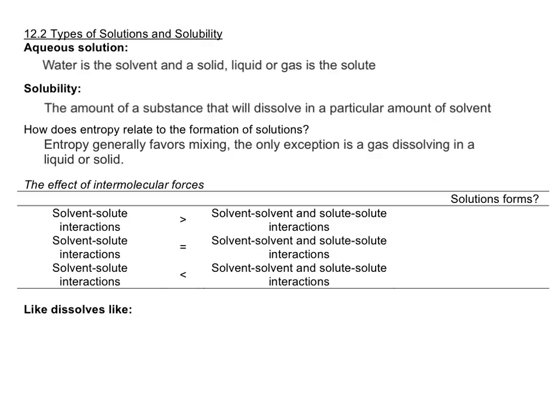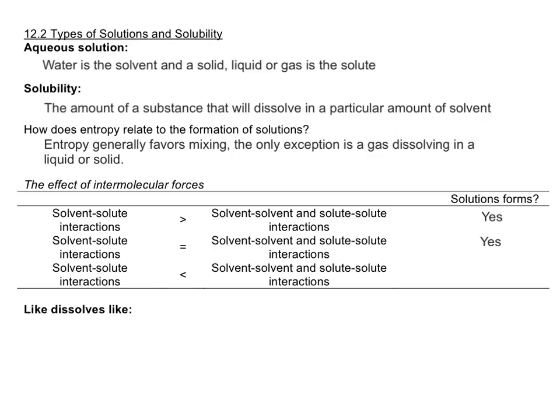So if the solvent-solute interactions are stronger than the solvent-solvent and solute-solute, then we'll form a solution, because we've formed more favorable interactions when the solution is formed. If the two types of interactions are equal, generally a solution will form because that usually favors mixing, which is our entropy factor.